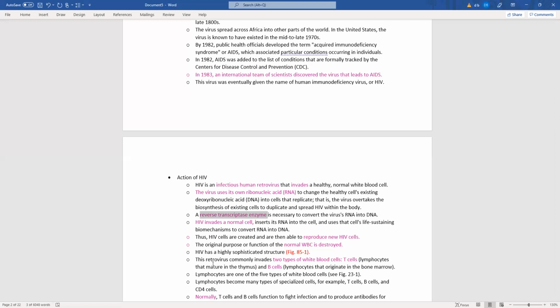It's highly sophisticated, meaning it's hard for your own cell to stay normal and do what it needs to do.